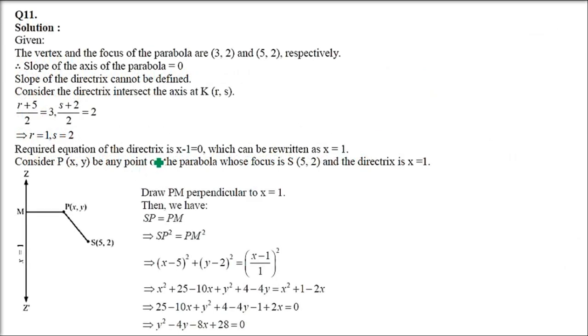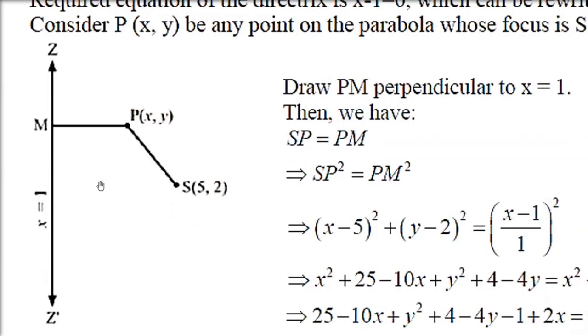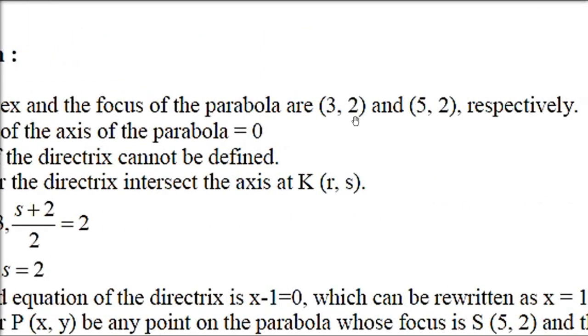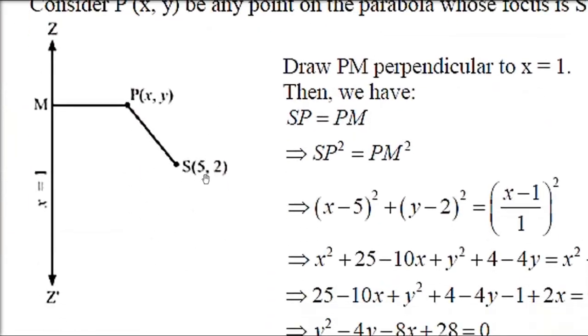Question number 11 is, find the equation of the parabola whose focus is 5, 2 and having vertex at 3 comma 2. So this type of question we have already done. So let me tell you again. Focus is 5, 2. So what is the conic section definition?